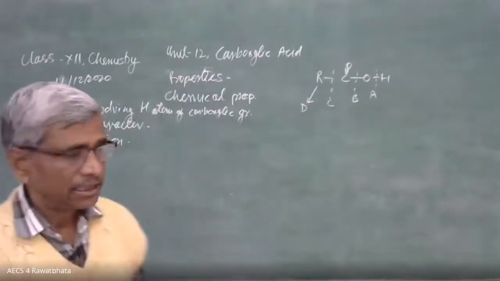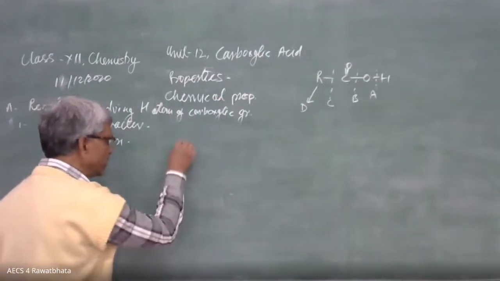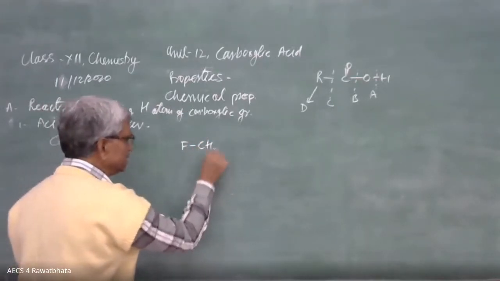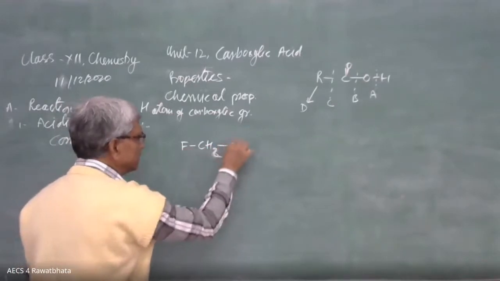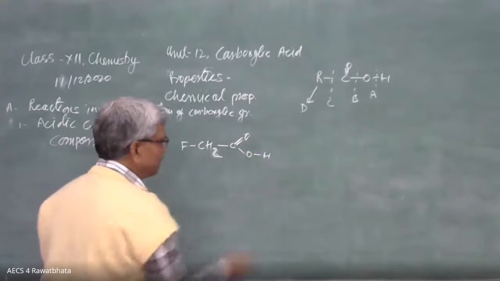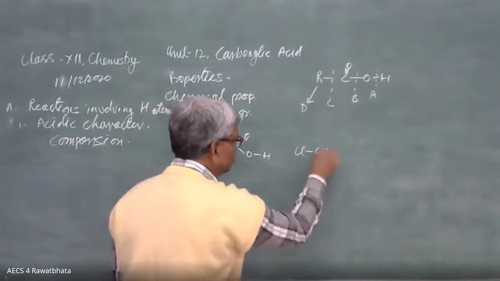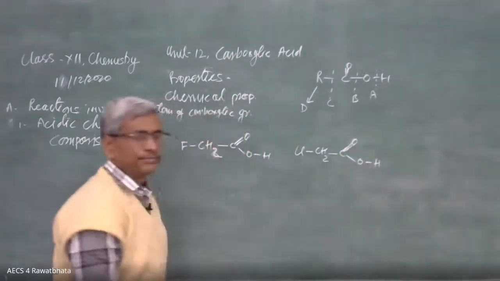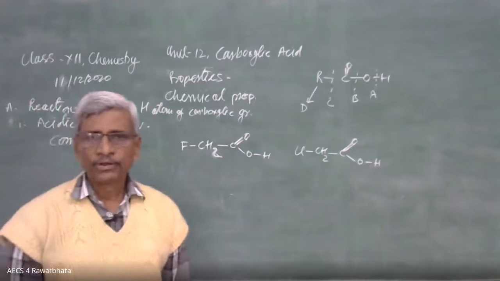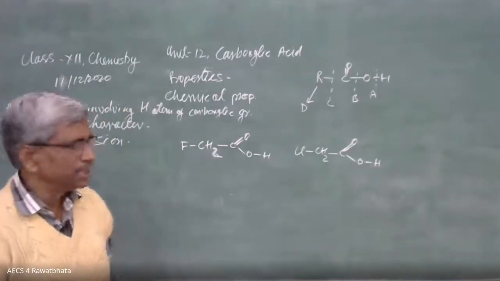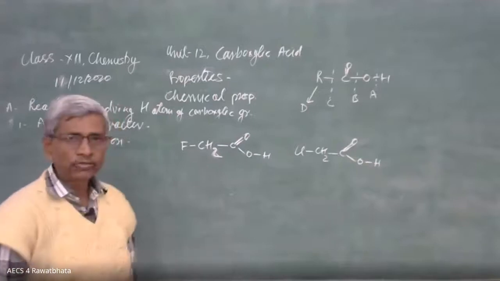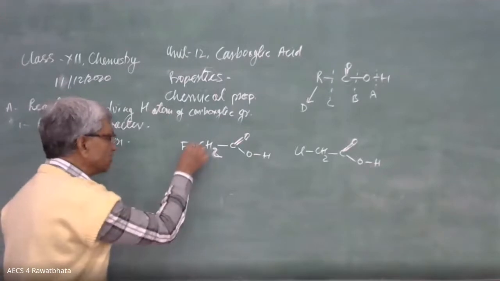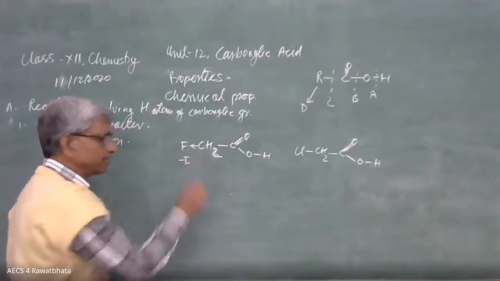If any substituent is there like fluorine, chlorine, halogen: fluoroacetic acid, FCH2COOH, and another is ClCH2COOH. Chlorine is more electronegative than carbon or other elements. Here fluorine is also electronegative, and fluorine is more electronegative than chlorine. Therefore, its electron withdrawing effect, that is minus I effect.